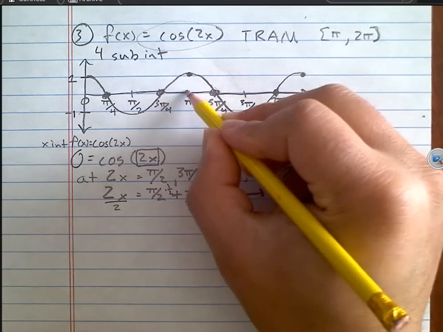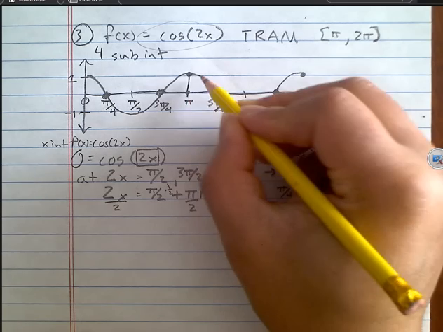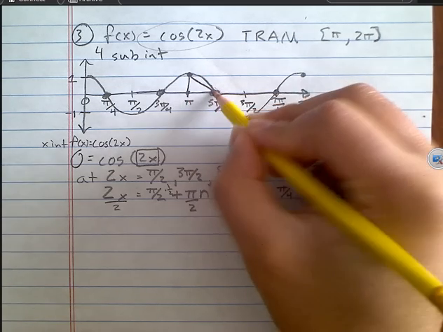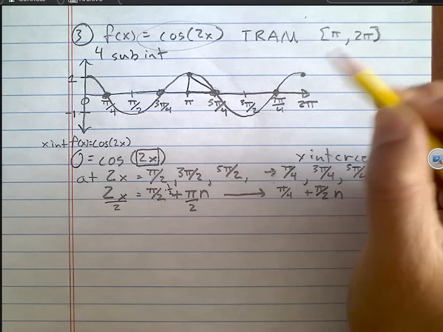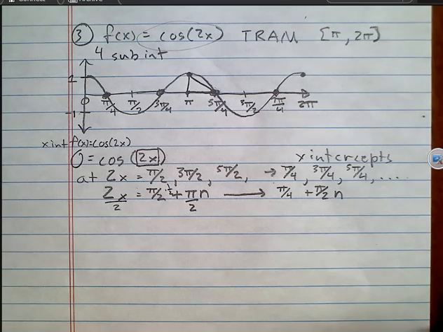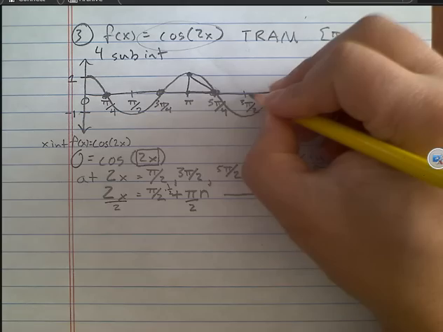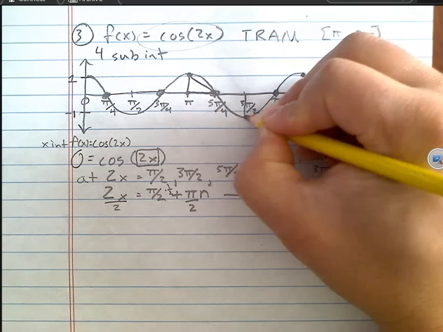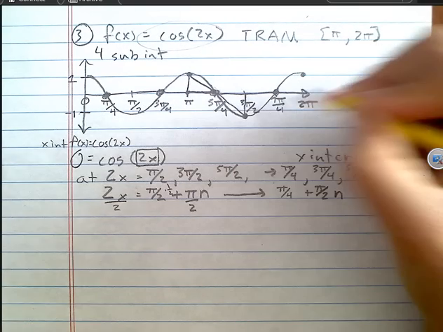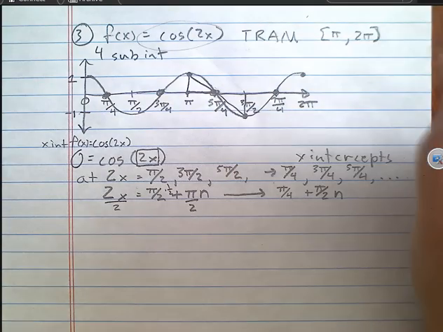The trapezoid from pi to 5 pi over 4 is actually not going to be a trapezoid. It's going to be a rectangle because the right endpoint won't go up at all. See that? The right endpoint doesn't go up at all.